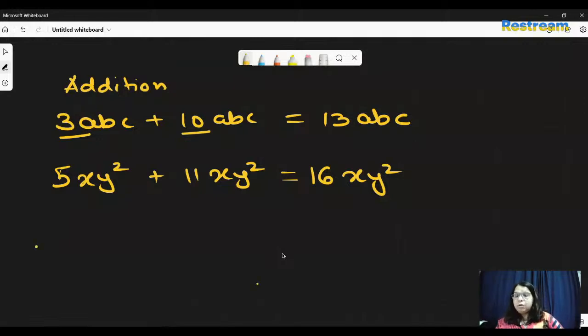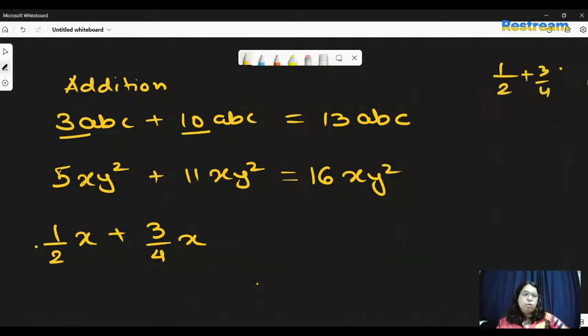Next one, we are going to see 1 by 2x plus 3 by 4x. Here we can actually add them like we would add 1 by 2 plus 3 by 4. That is going to be 5 by 4, so we can write equal to 5 by 4x.